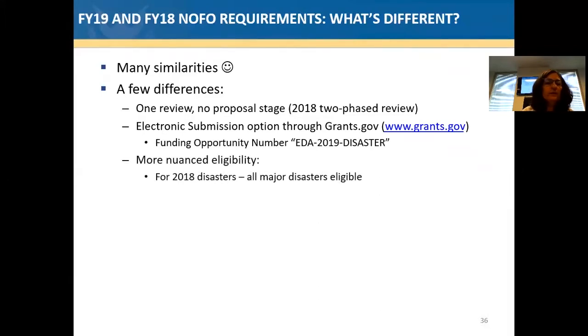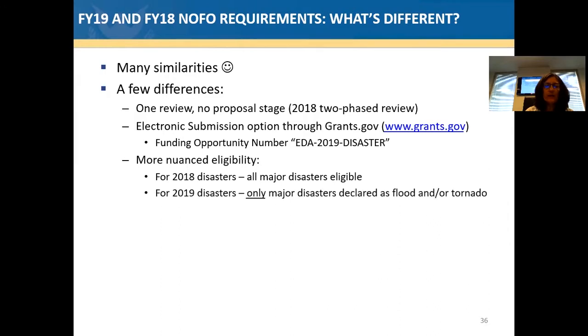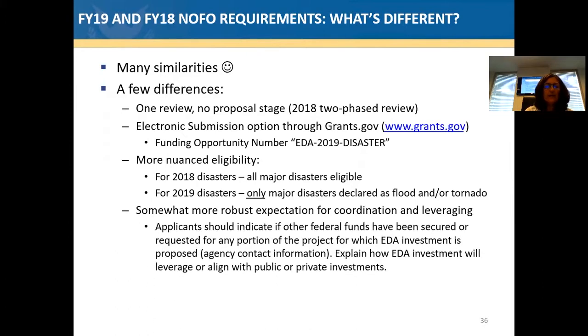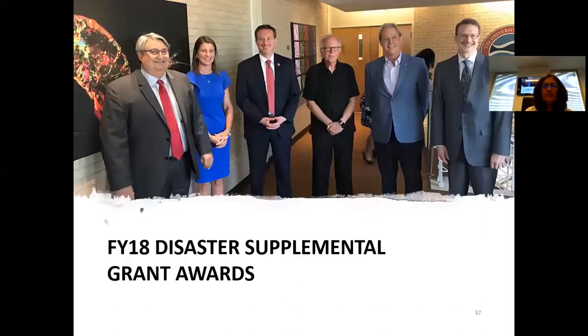And we've reviewed a lot the differences in requirements for 2018 and 2019 disasters, the more nuanced eligibility for 2019, limited to floods and tornadoes. The somewhat more robust expectation for coordination and leveraging, and I had reviewed that previously.